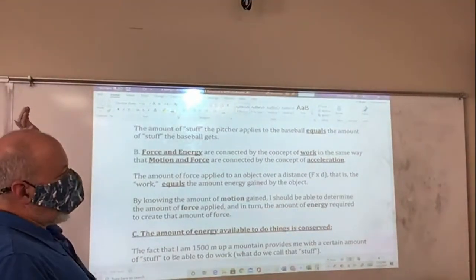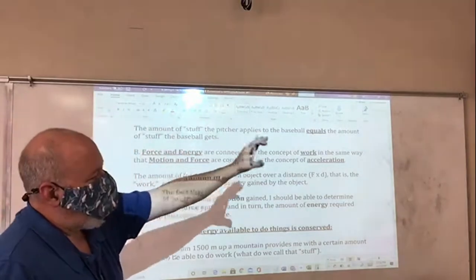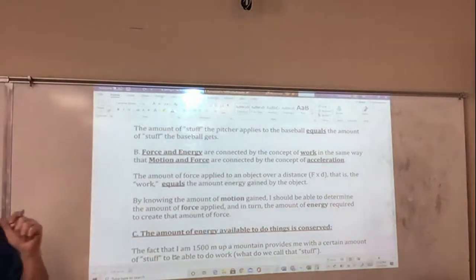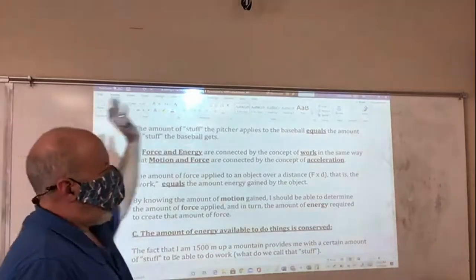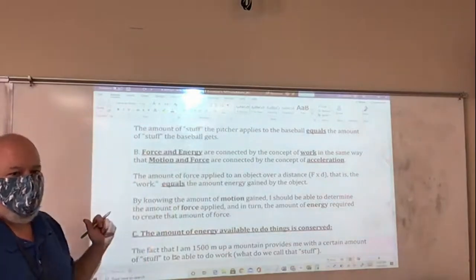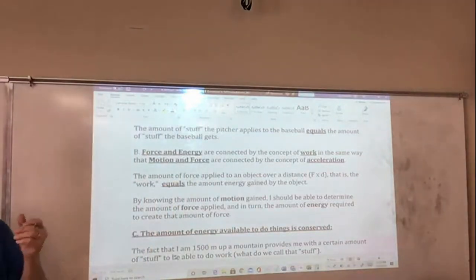So if I used a force of 50 newtons and applied that to a baseball over a distance of 1 meter, that's about right, isn't it? When I pitch, the length of the force on the baseball is about 1 meter, so that's a pretty good example.